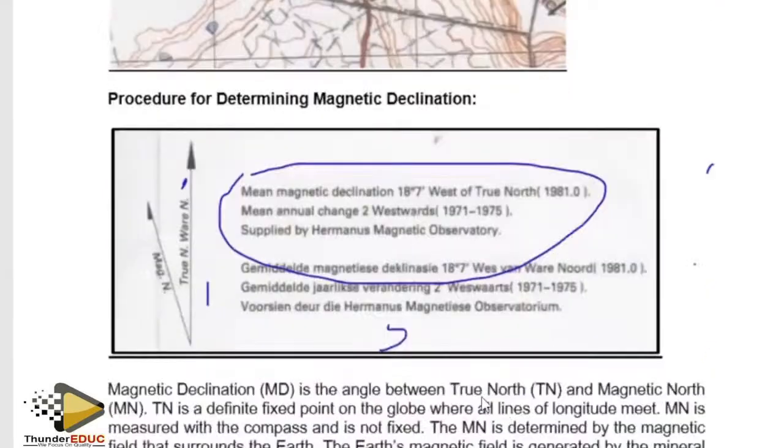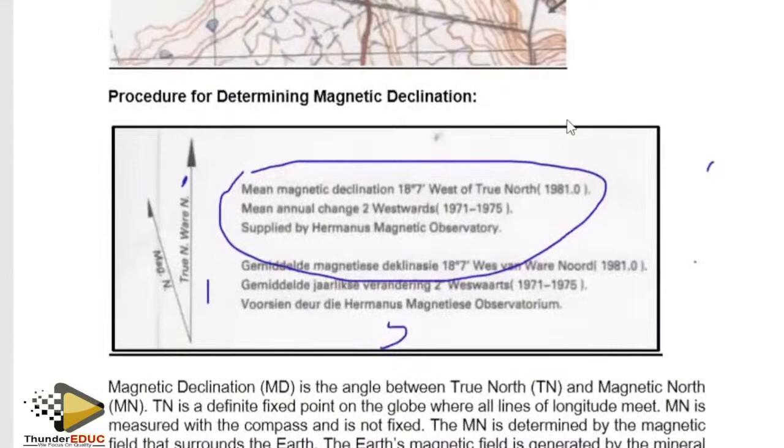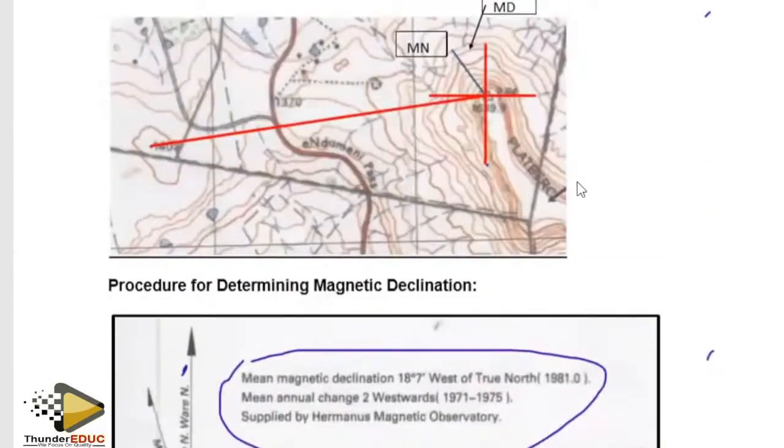Let me take an example. We are calculating now. Look here. We say that magnetic declination, which year are we in? It's 2022. So the first step is going to be the difference in years, which is 2022 minus the year that is indicated.